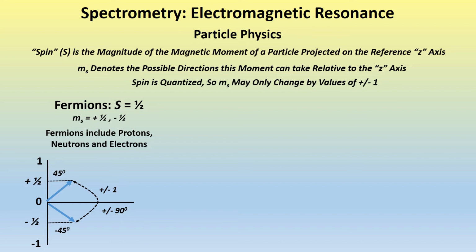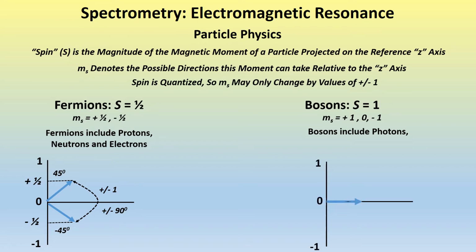The other type of particles, following Bose-Einstein statistics, are called bosons. They have a spin of 1, where M sub S can be plus 1, 0, or minus 1. The major bosons encountered in nature are photons. Again, as can be seen, the value of 1 indicates that the vector projects fully upon the z-axis.